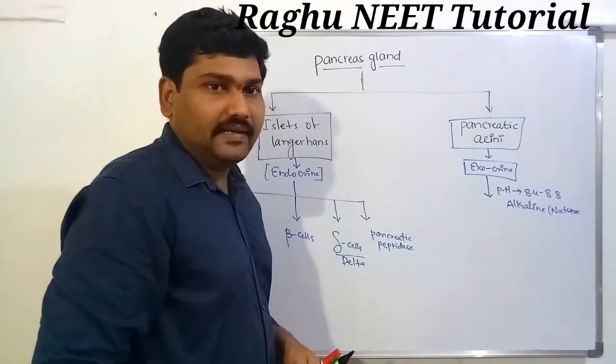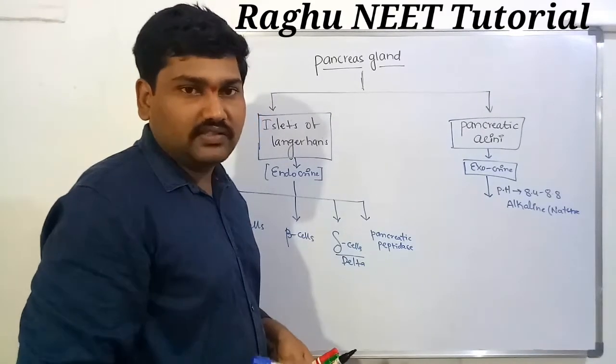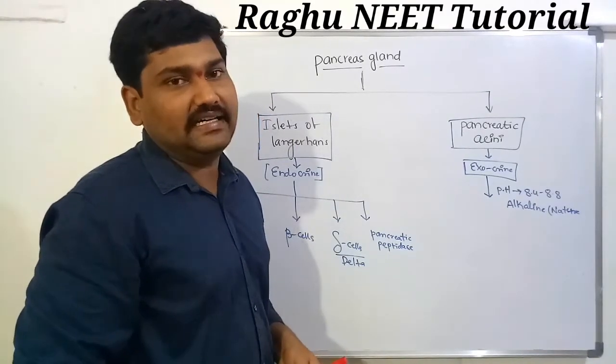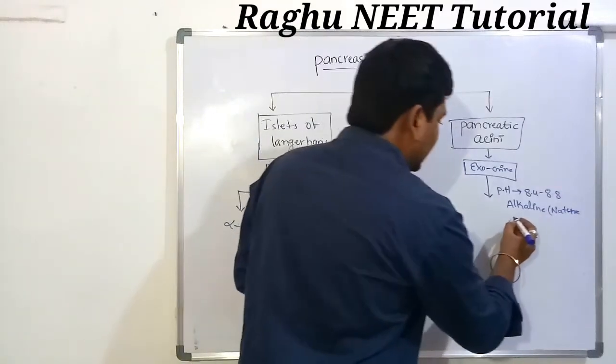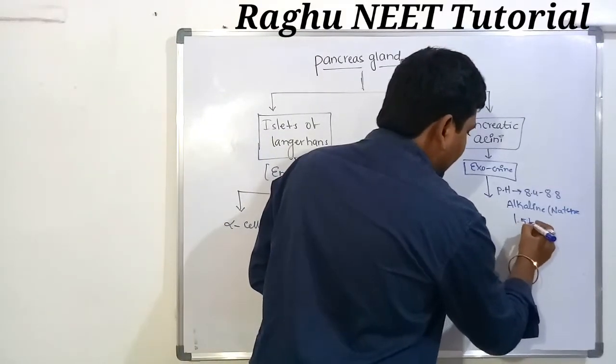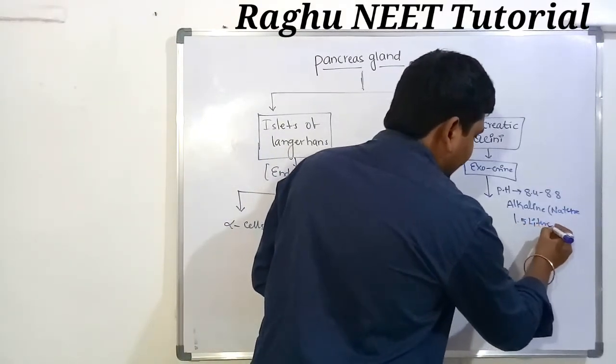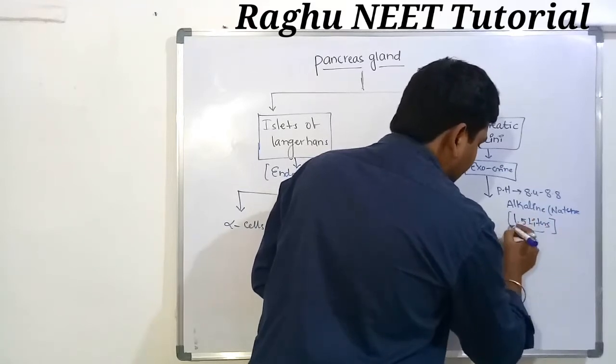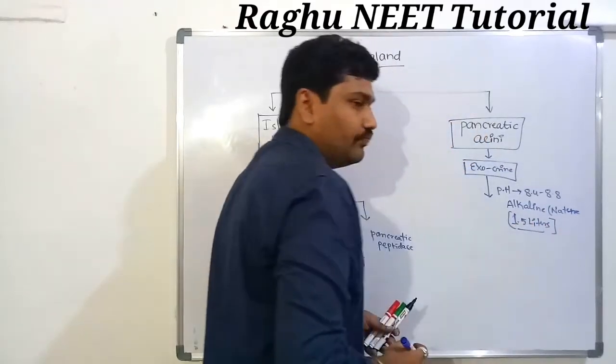Approximately 1.5 liters are secreted per day for digestion.